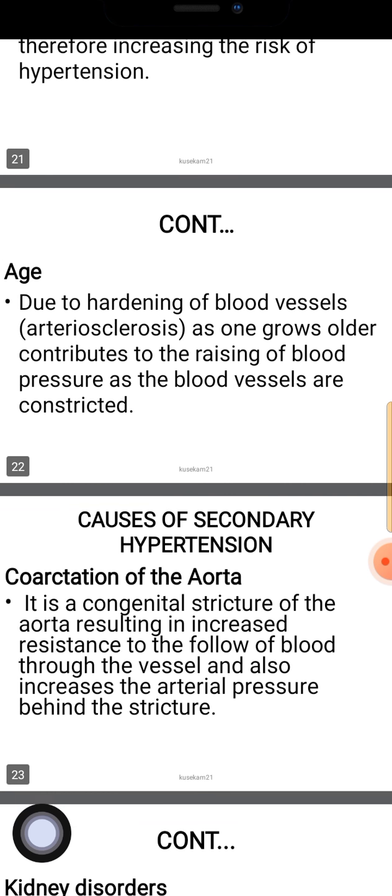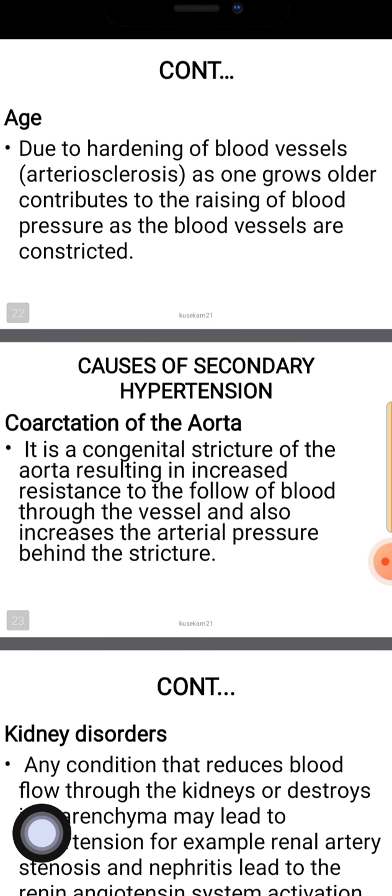Then age also matters, especially the older people. Due to their age, these cells and tissues will become weak. Cell differentiation will be slow, and when it comes to cell division, when they are injured, it will be slow.